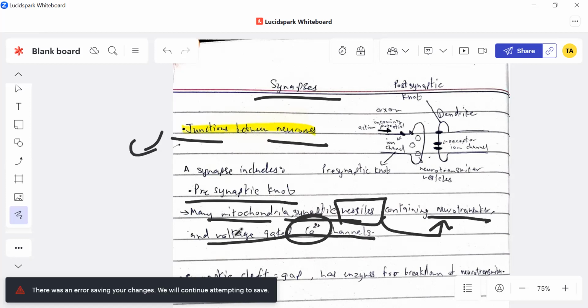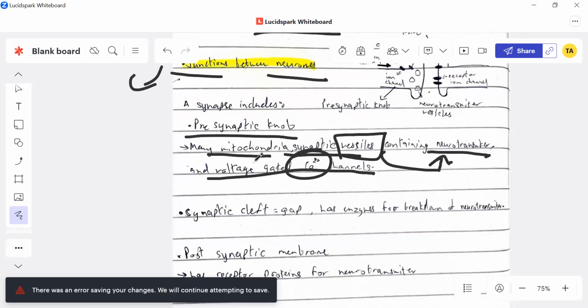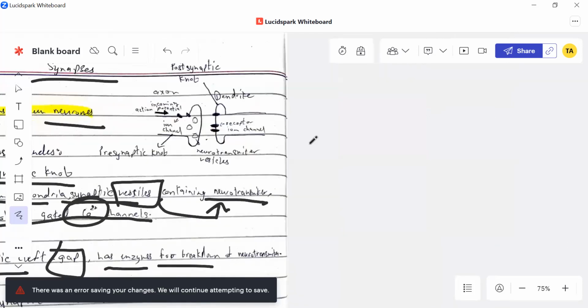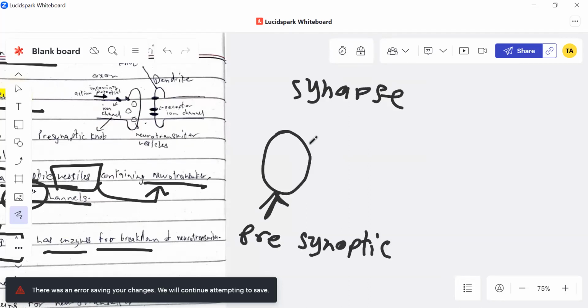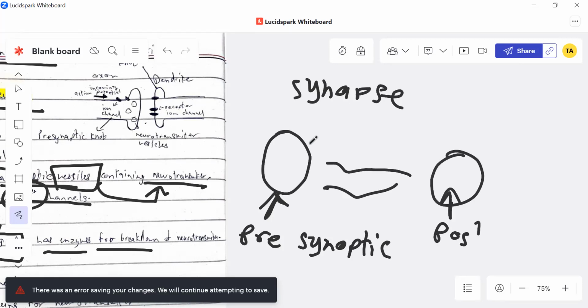And there is also a synaptic cleft. A synaptic cleft is this gap, as I told you earlier. This gap has enzymes that break down neurotransmitters. And finally, there is the postsynaptic membrane. So in summary, a synapse has three things: the presynaptic membrane, this gap right here, and then the postsynaptic membrane.